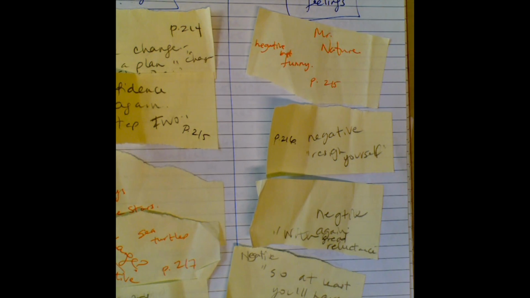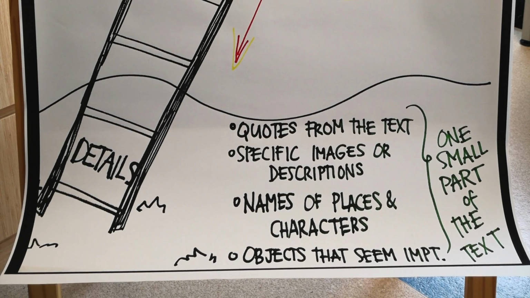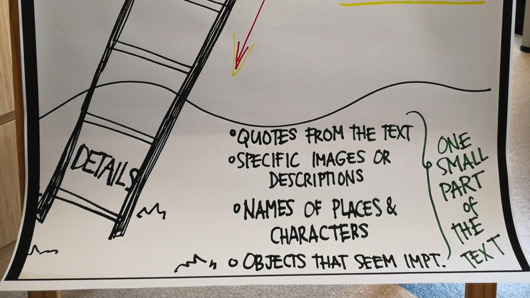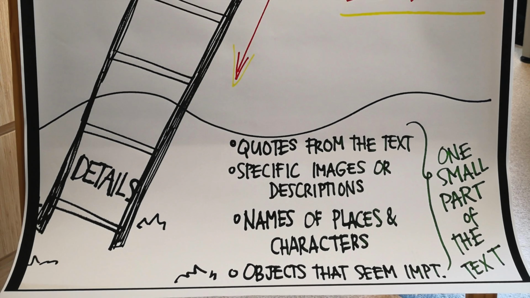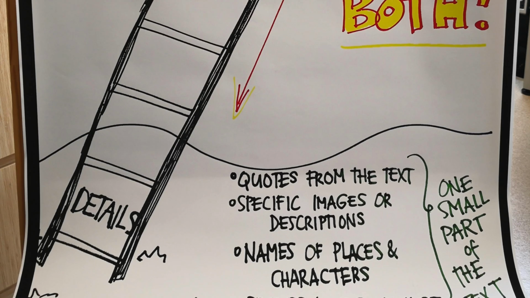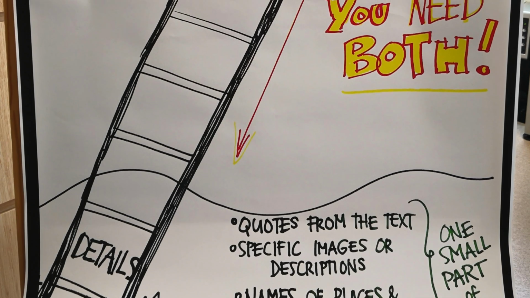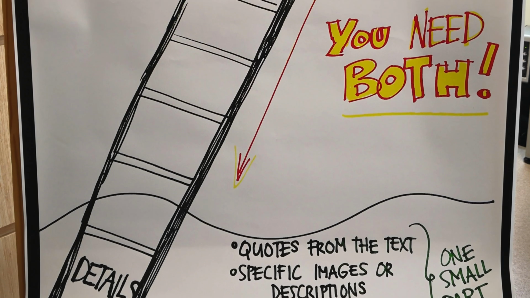So from here, it's really important for me to notice where this fits on the ladder of abstraction. The ladder of abstraction goes from the bottom of the ladder, which is objects or moments or quotes from the text, those really small things that I'm picking out, like these flags here.